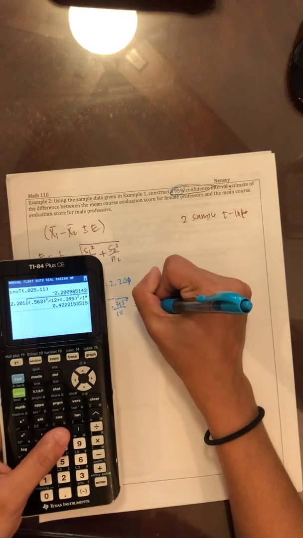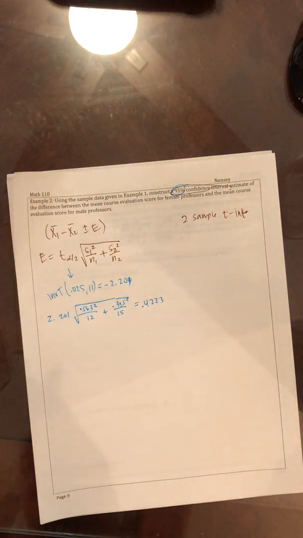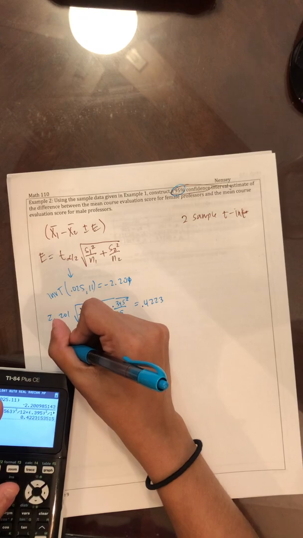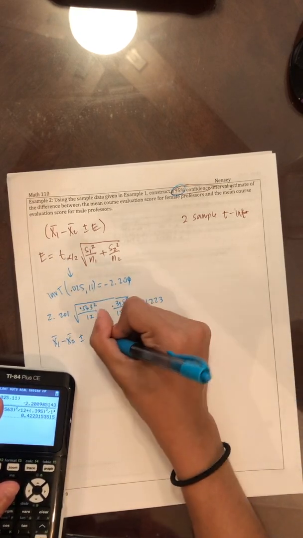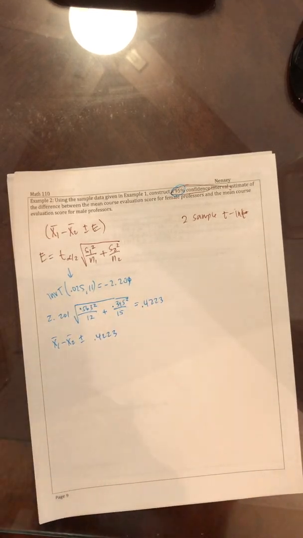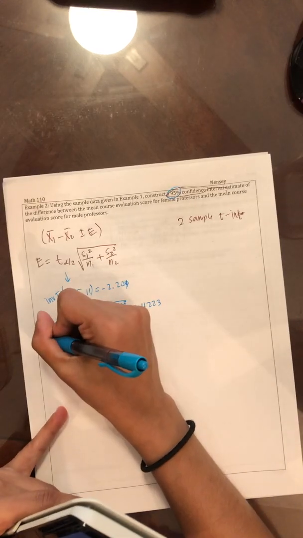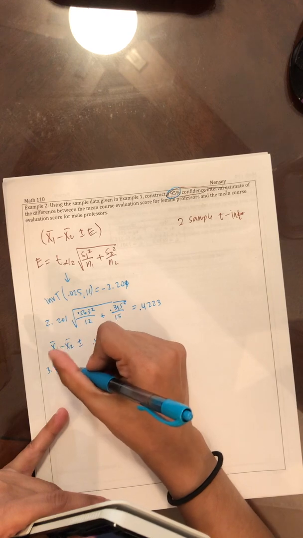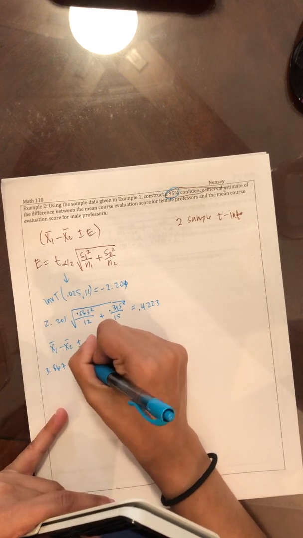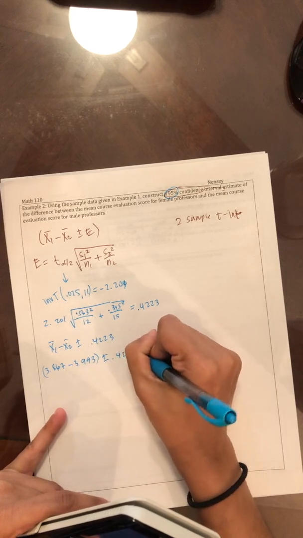And I'm just going to write this number down, 0.4223. I'll just do 4 decimals. It's fine. I already did it. Okay. So let's write out our x1 bar minus our x2 bar plus or minus 0.4223. So again, this is just from our data from the last one. Our x1 bar was 3.867, and our x2 bar was 3.993, and then we're going to add and subtract 0.4223.